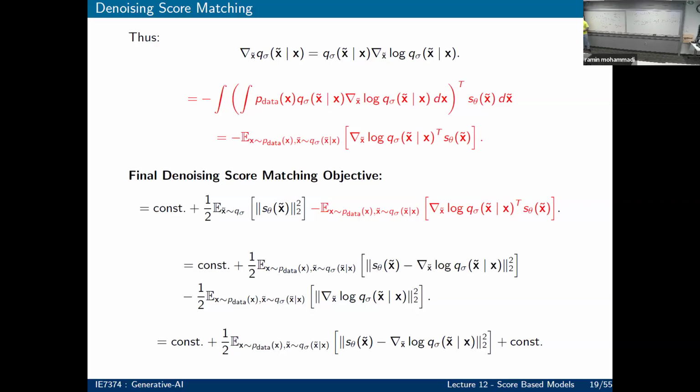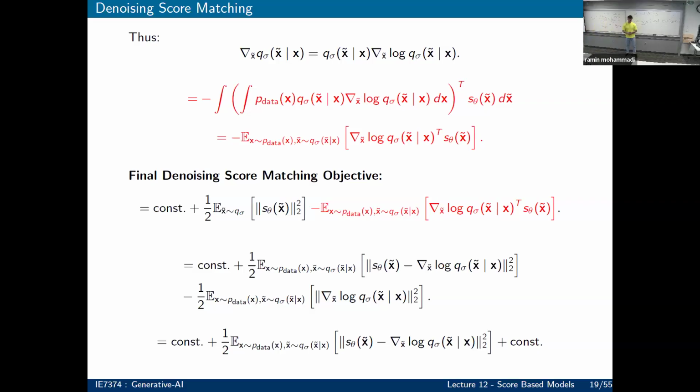But what do we know about this? Because this is a gradient with respect to x. What do we know about q? How did we find that gradient of q, that conditional of q? We brought a real image, we added Gaussian noise to it, and we got q.